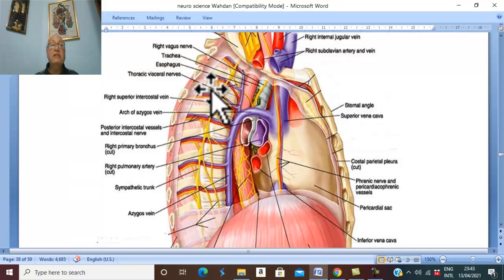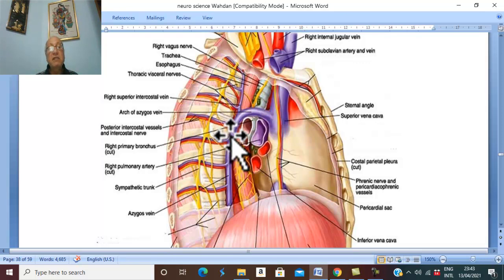The thoracic part of the sympathetic chain descends in front of these vessels and nerves. What are these vessels and nerves? These vessels and nerves run between the ribs. We all know inter means between. Costal means rib.